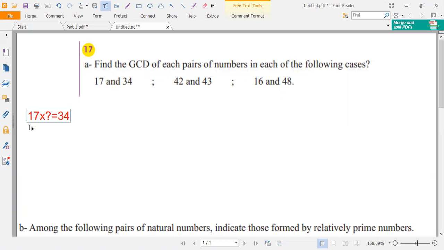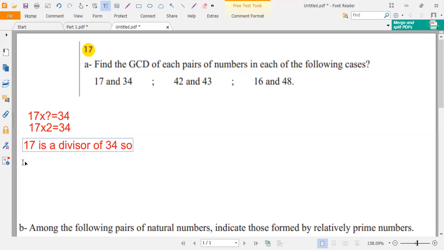Yes, it is 17 times 2 equals 34. So we have a relation between them. In this case, 17 is a divisor of 34.